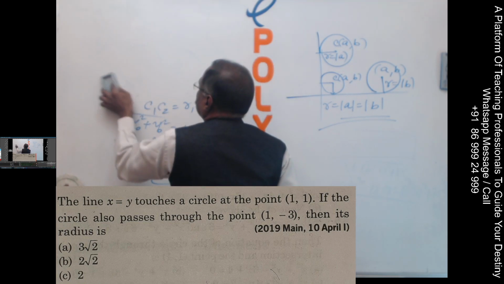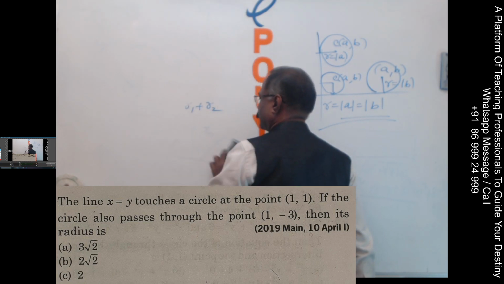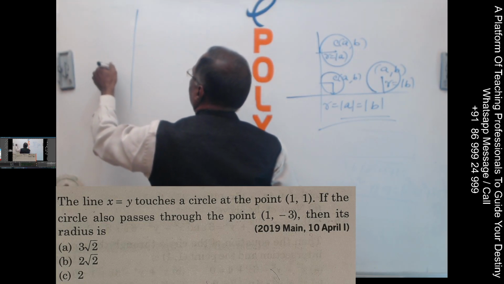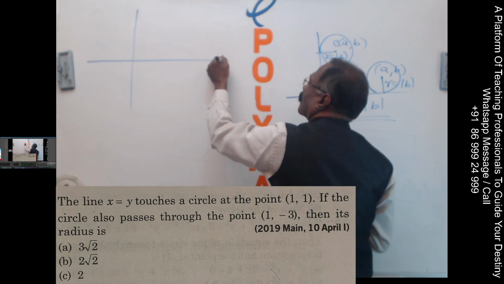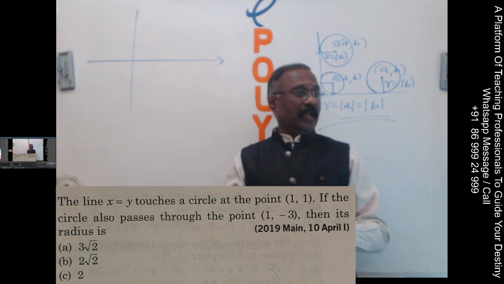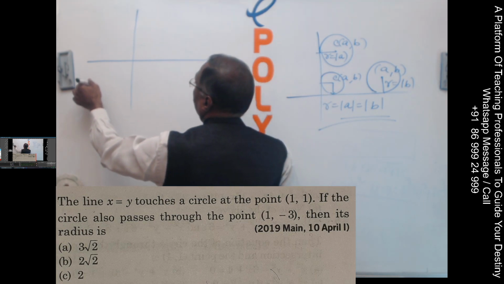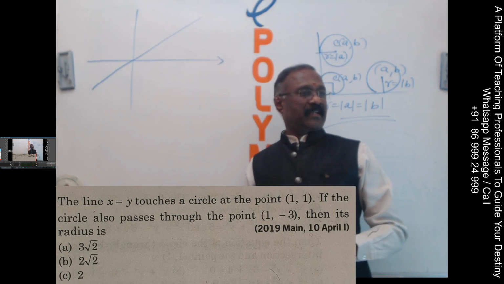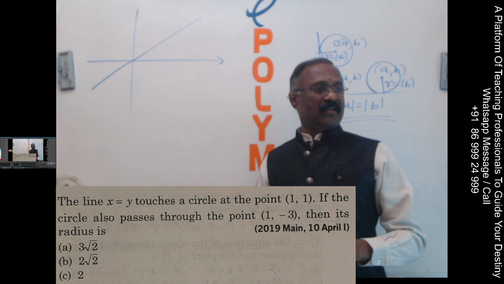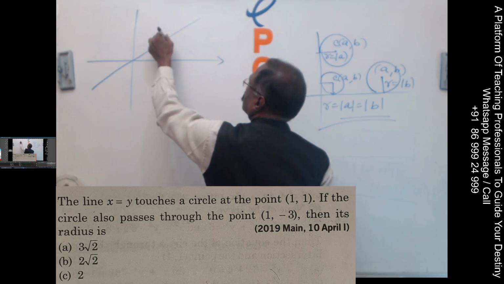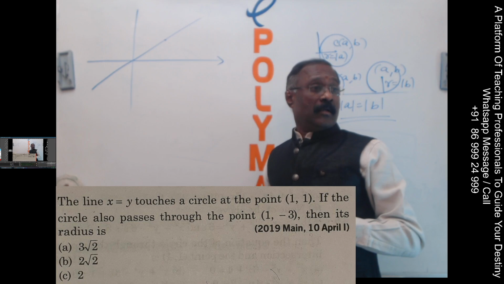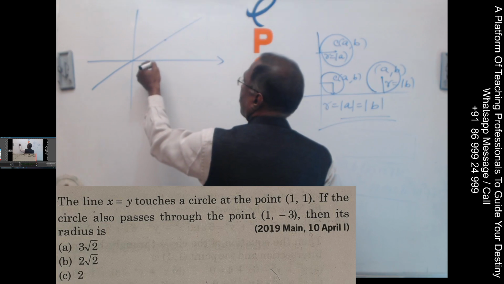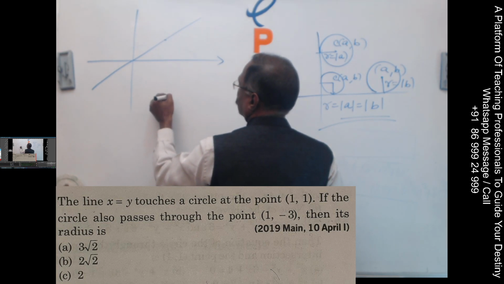Indirectly it is given. A circle is touching... see the question there. The line x equal to y, everyone knows it is the angular bisector of the coordinate axes. x equal to y touches a circle at the point (1, 1), and the circle also passes through (1, -3).